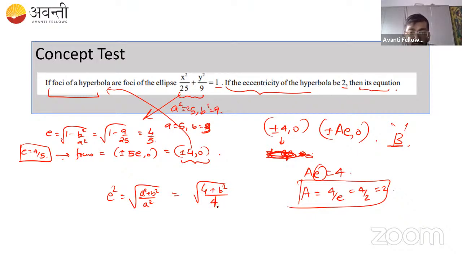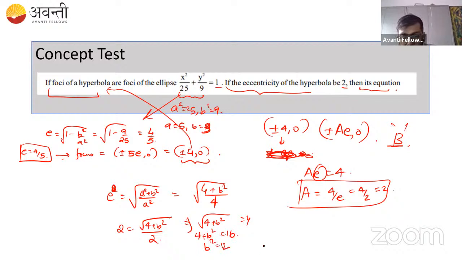This value is equal to e, and e is 2 here. So this is 2 equals under root of (4 plus B square) upon 2. So we get 4 plus B square under root is 4. So 4 plus B square is 16. B square is 12, right?